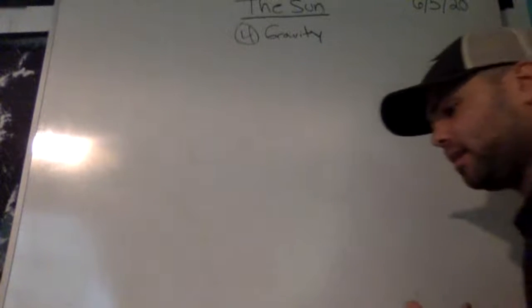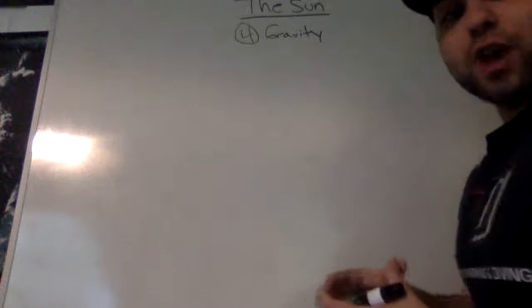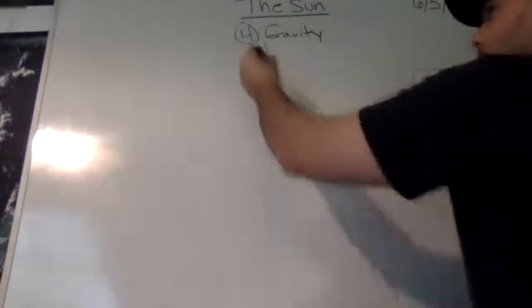The one that makes the most sense is gravity, because when we talked about how the Big Bang happens and you had all those dust particles and matter in space, over time, the gravity was able to bring it in and now it's that giant ball of fire that we see today.